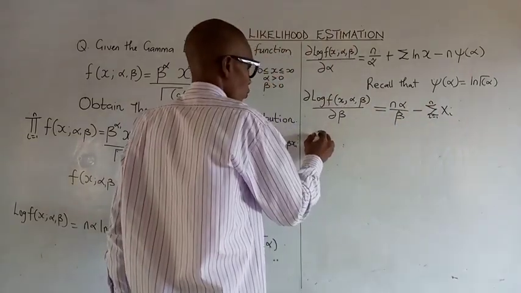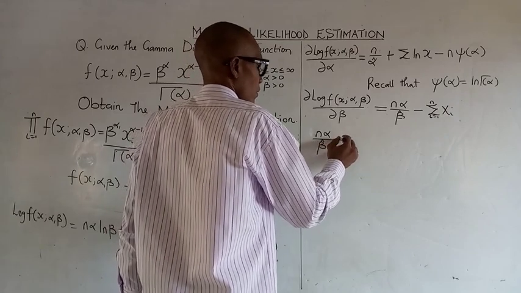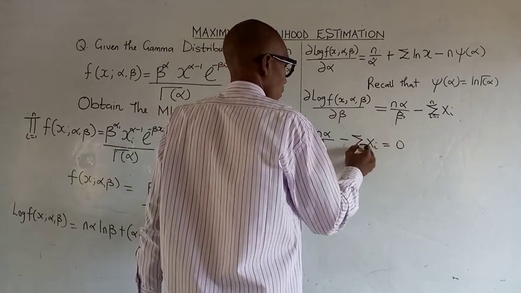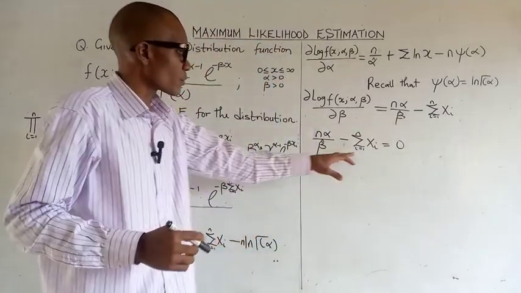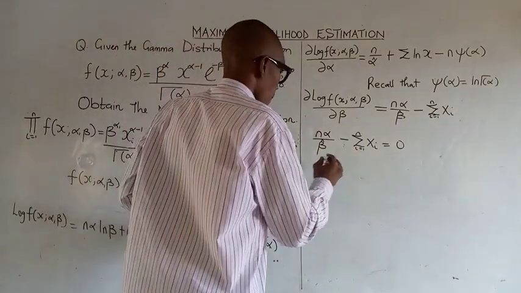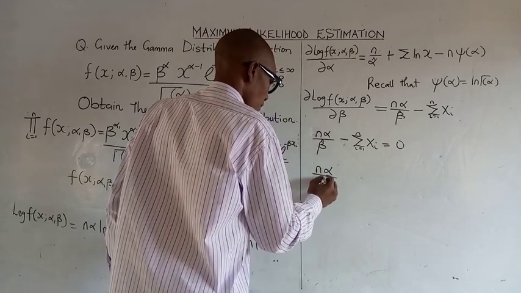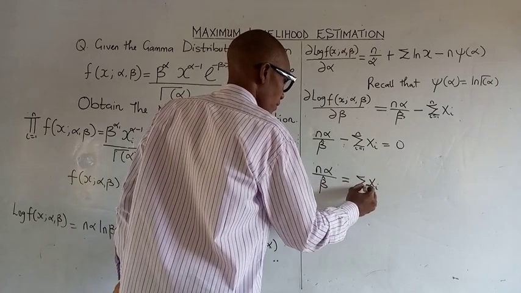What we do is just to equate to 0. If we equate this to 0, this is what we get, which implies that n alpha over the beta estimate will be equal to the summation of xi's.